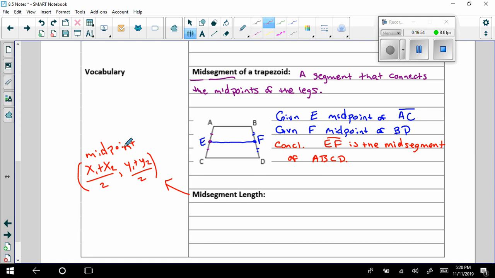So a mid-segment, the length of it is the average of the bases. So it's halfway between both bases. It's going to be the average length of those bases. So the formula is base 1 plus base 2 divided by 2 gives you the midsegment.